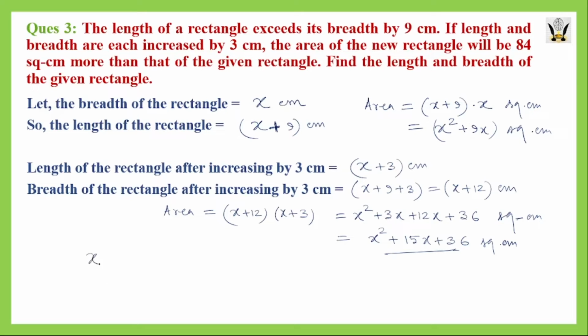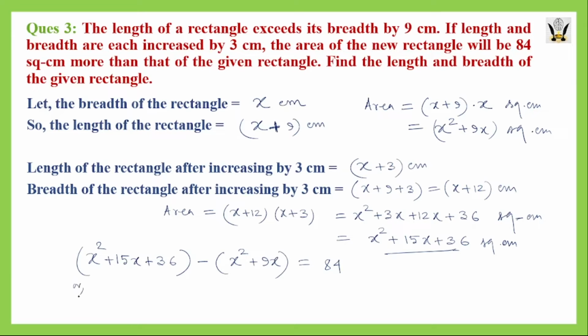So x square plus 15x plus 36, which is the new area of the rectangle after increasing the length and breadth by 3 centimeter, from this we will subtract the area that the rectangle previously had, which was x square plus 9x, and the difference will be 84, right?